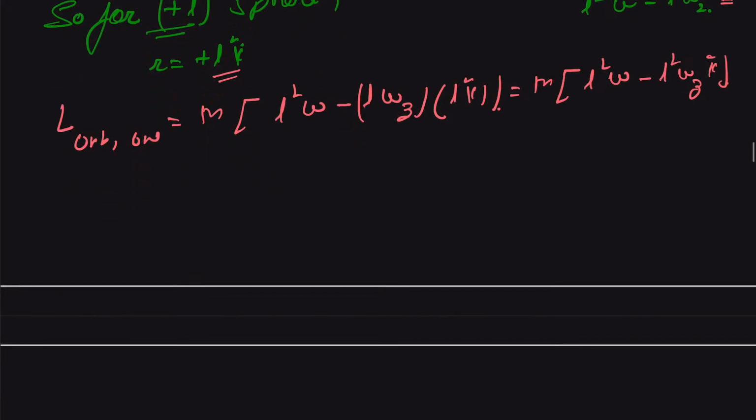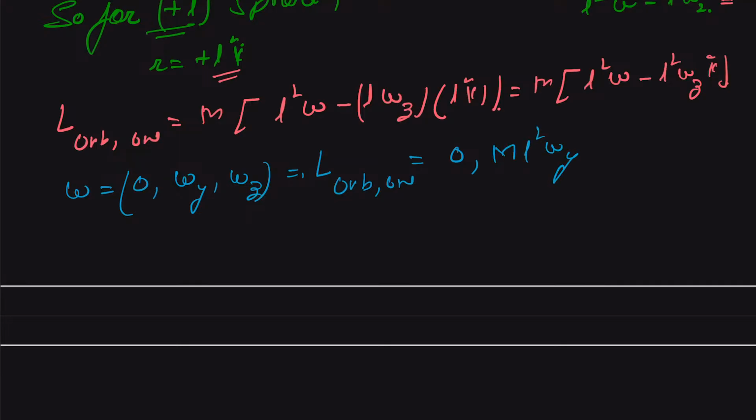And we know that our omega is (0, omega y, omega z). Therefore we get the L orbital for only one sphere will be equal to (0, m L squared omega of y, and the z component will be 0).